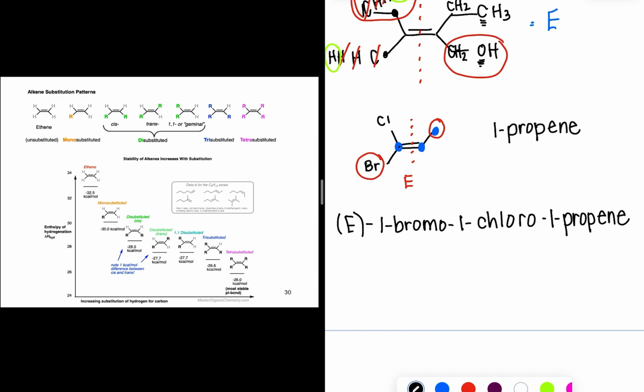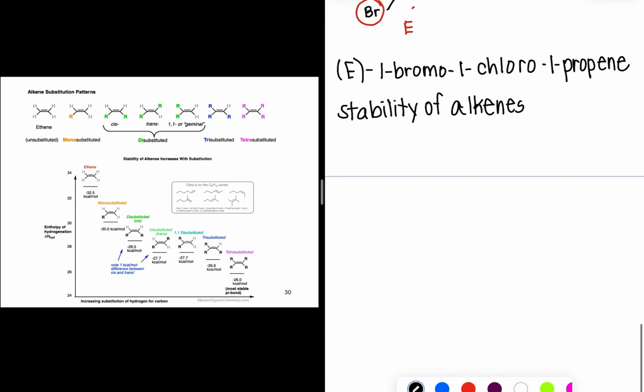Thinking about another topic here, stability of alkenes. It turns out that because of something complicated called inductive effects that you don't need to worry about all that much, stability of alkenes is dictated by the substitution of the double bond.